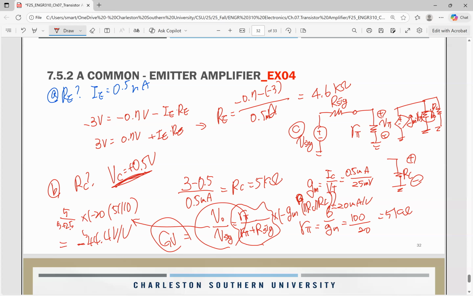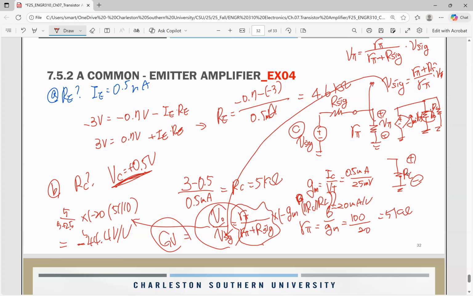The V sub pi is R pi over R pi plus R sub signal times V sub signal. So V sub pi equals R pi over R pi plus R sub signal times V sub signal.